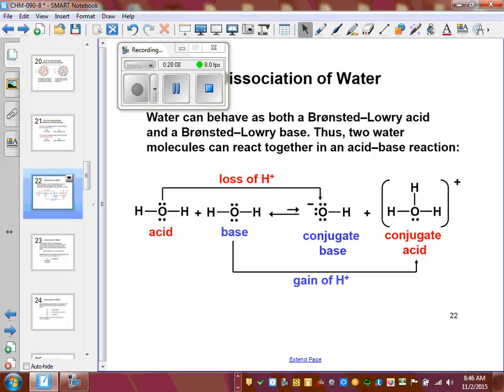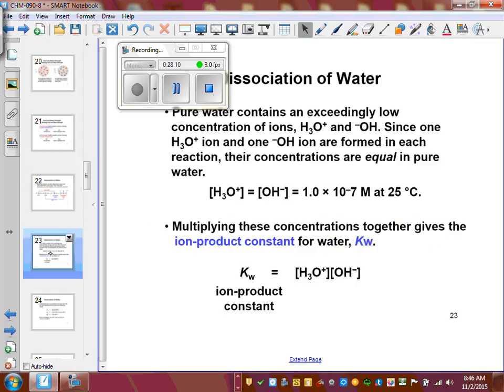So pure water has really low concentrations of both those ions. Turns out the concentration of each is 1.0 times 10 to the minus 7th molar at 25 degrees C.